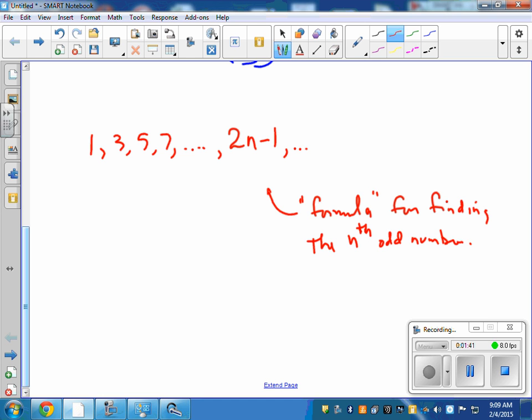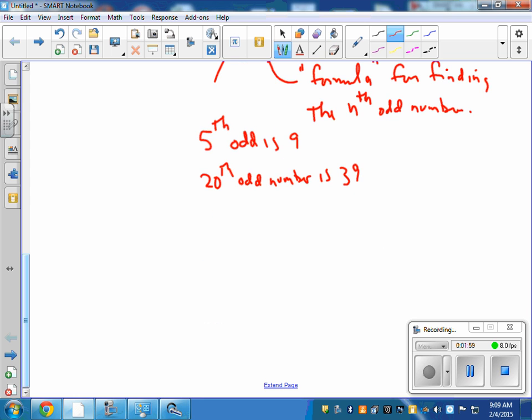If I want the fifth odd number, just put 5 right there. So the fifth odd is going to be 9. For the 20th odd number, it is 2 times 20, which is 40, take away 1 is 39.